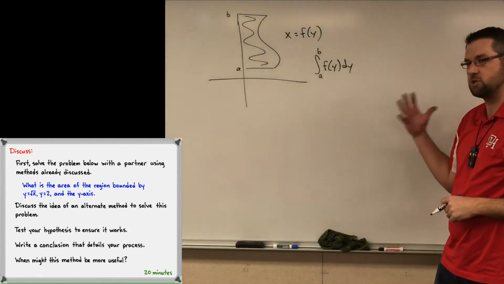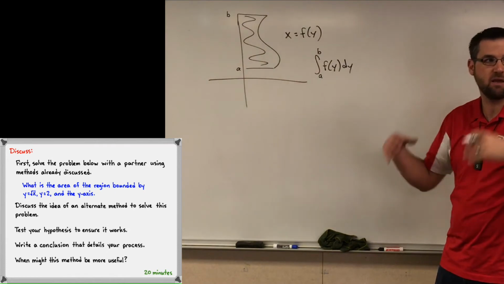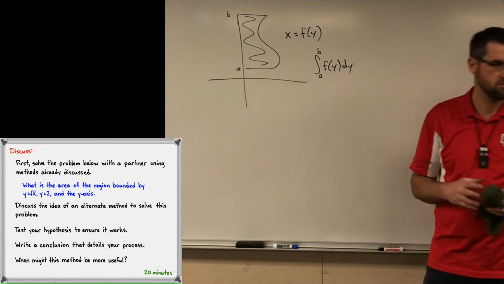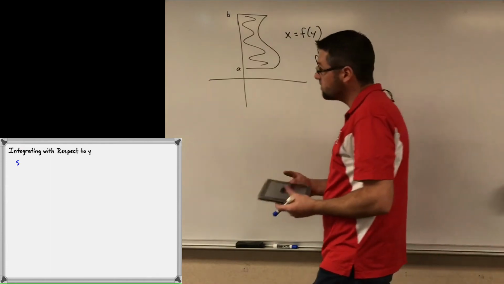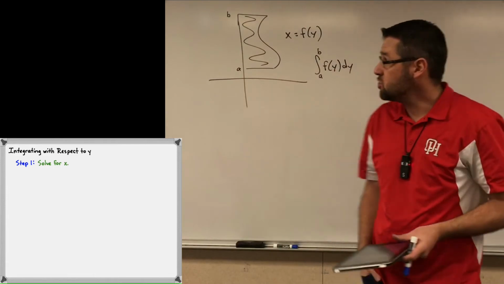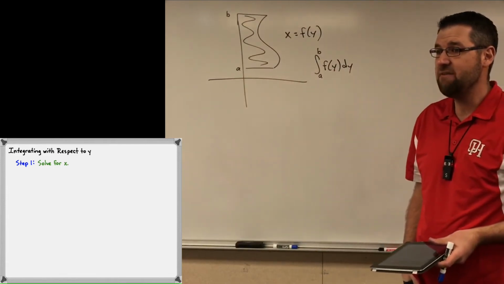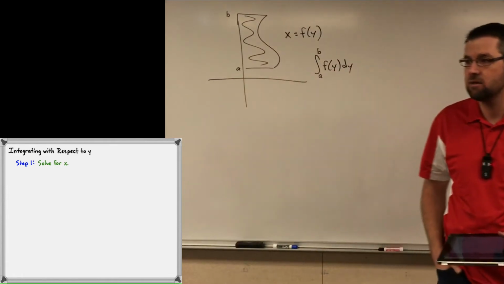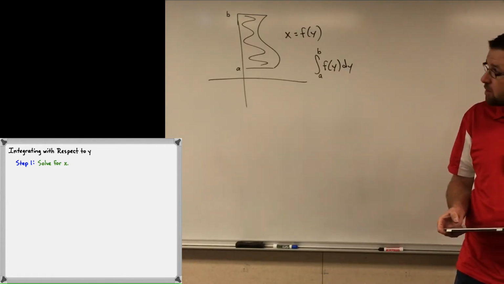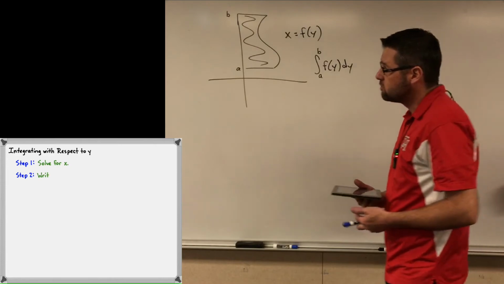You don't have to switch the graph to see it. You just have to get everything in terms of y. So integration with respect to y. Step one. Solve for x. So instead of having y by itself, you need x by itself. Step 2.